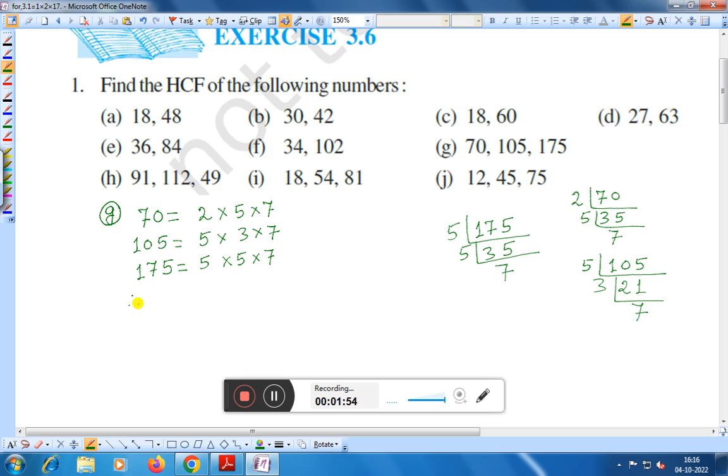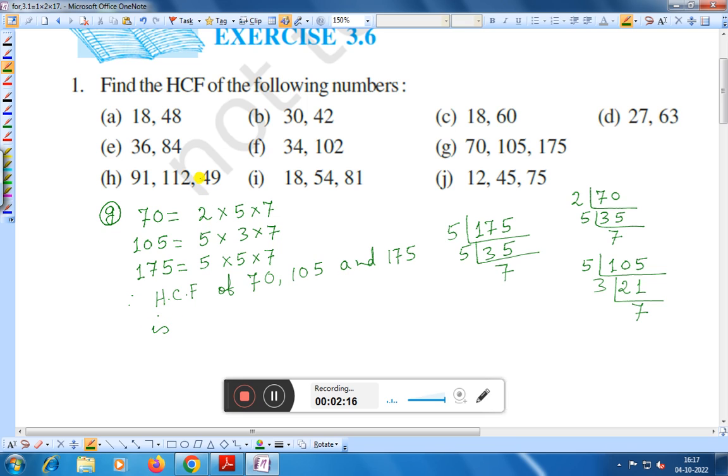Therefore, we can write the HCF of 70, 105, and 175 as follows.